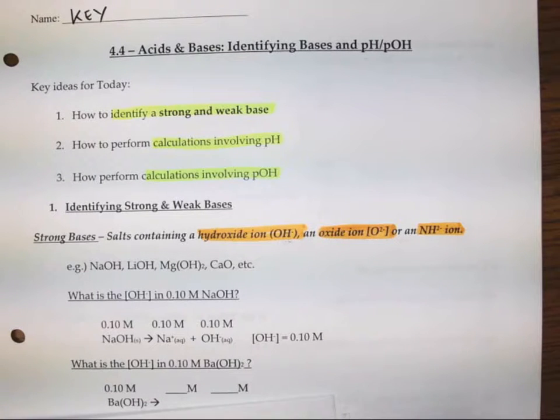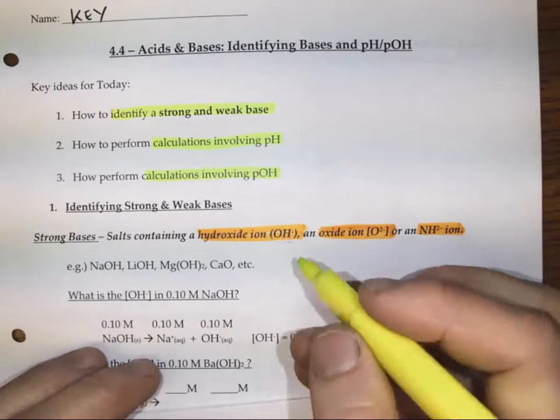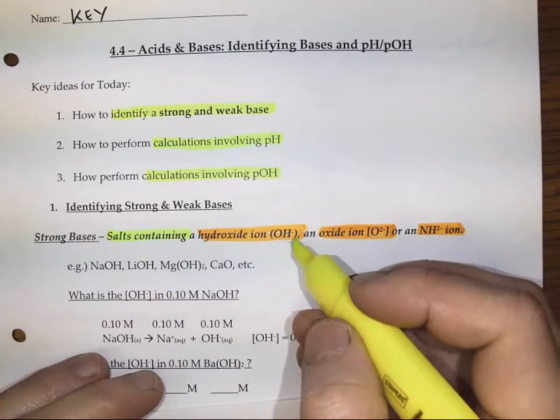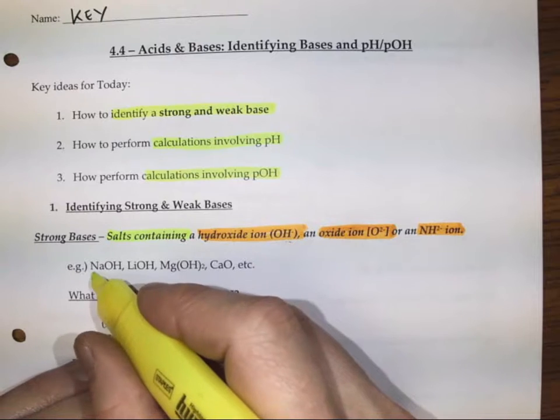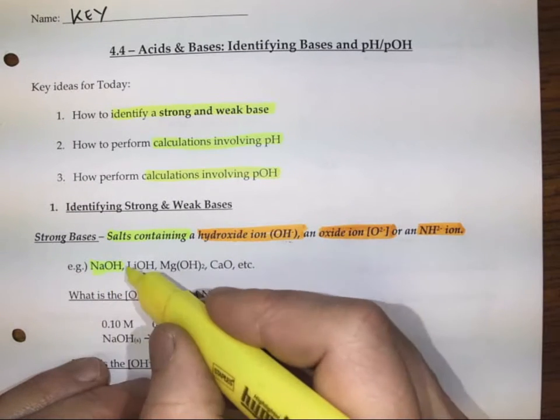I think it's azide ion or something like that. Anyway, some examples are sodium hydroxide. So I'm making a salt that contains it, and I balance out that negative charge with a positive charge of a sodium, and lithium hydroxide.